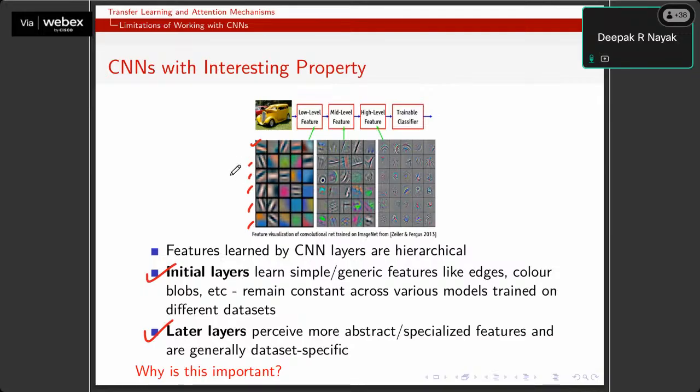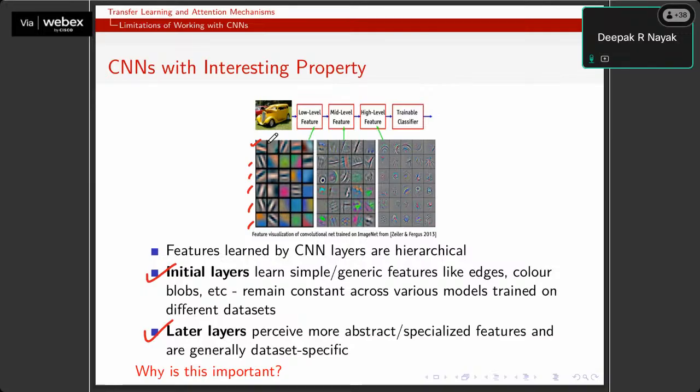That means these types of features are going to help in solving problems related to any image, because these are generic and simple features.